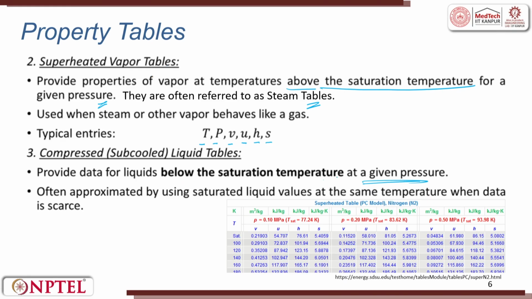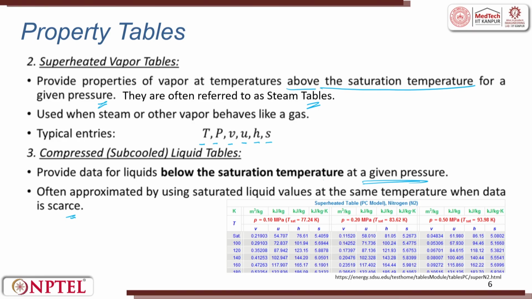Below the saturation temperature is compressed liquid table, superheated and subcooled. So, it is often approximated by using saturated liquid values at the same temperature when the data is scarce. So, when the data is not available for a particular fluid, then you can use this.